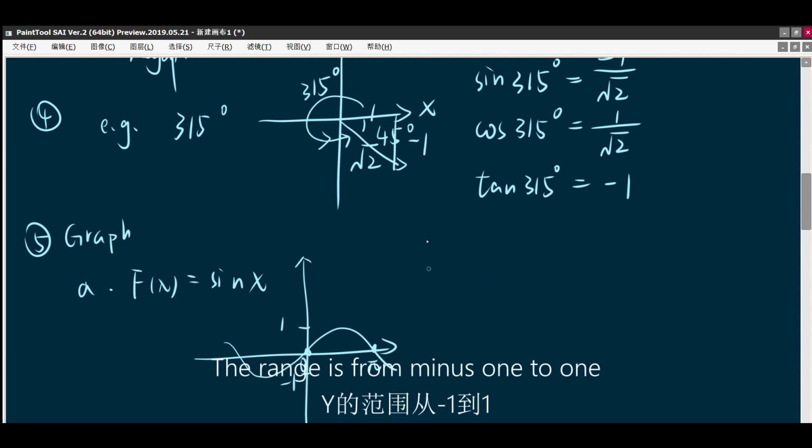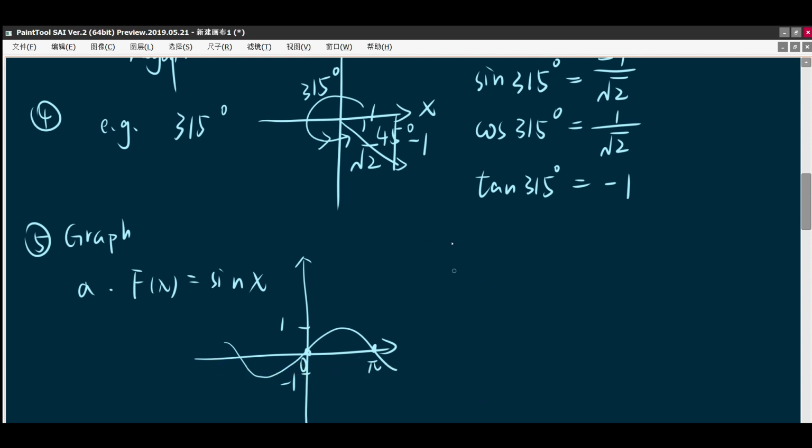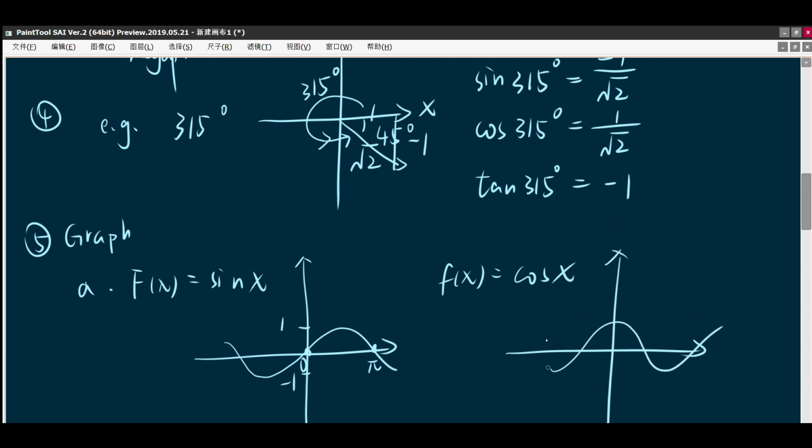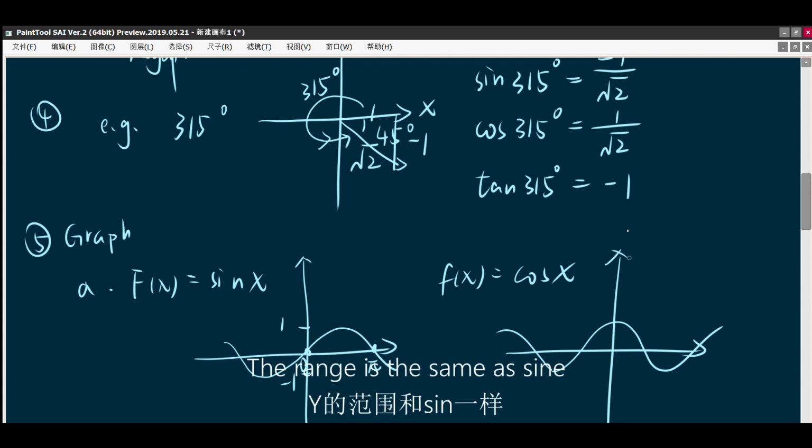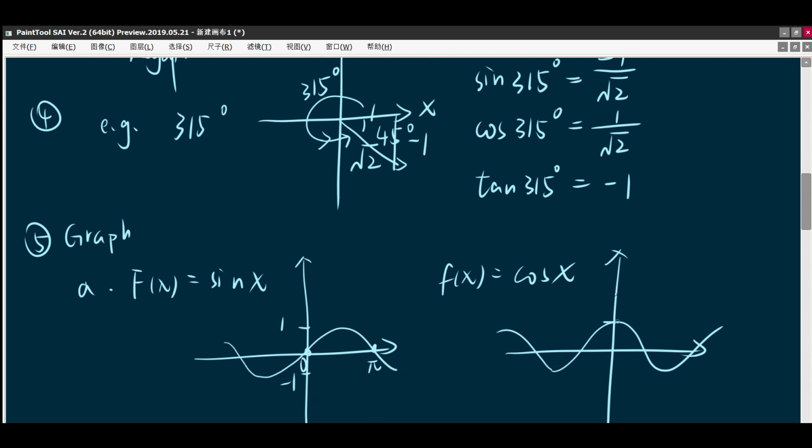The range is from -1 to 1. f(x) equals cosine x. The graph is like this. The range is the same as sine.